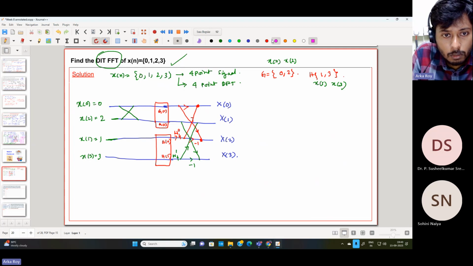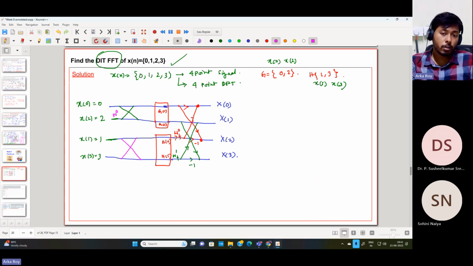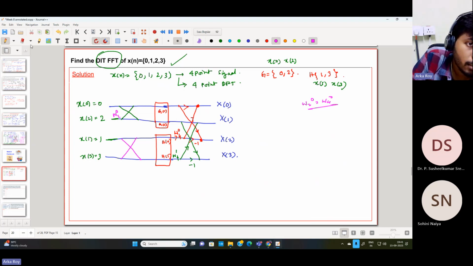Over here it was W^0, and because we are taking W4^0 here, it would be halved, so it would be W2^0, and again W2^0 is equal to W4^0.